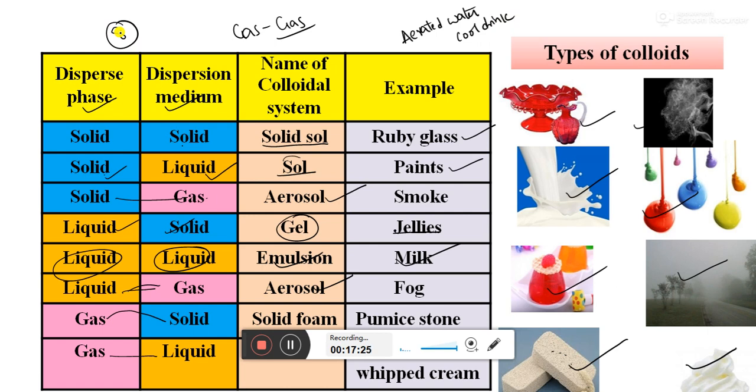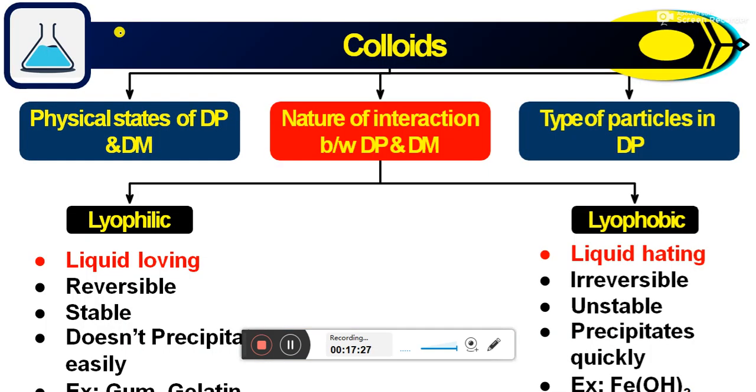Let's move on. Remember, based on the interaction between the dispersion phase and dispersion medium, we have lyophilic solution and lyophobic solution. Suppose I take two components like milk and water. When I add them together, they make a stable solution. In a lyophilic solution, however much water you add, they can't be separated.